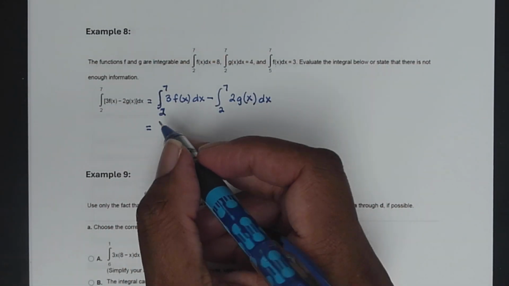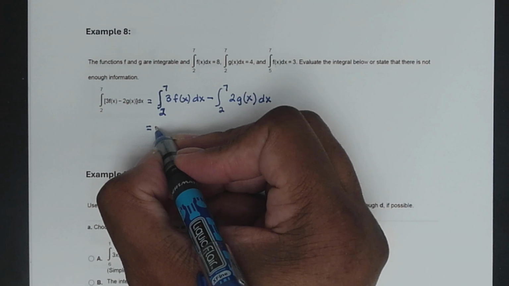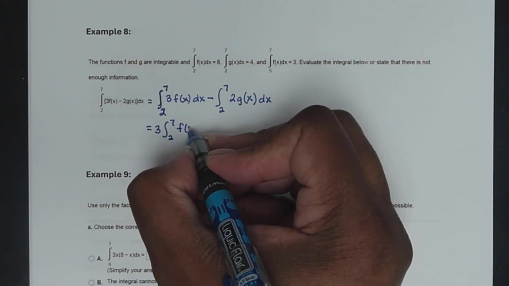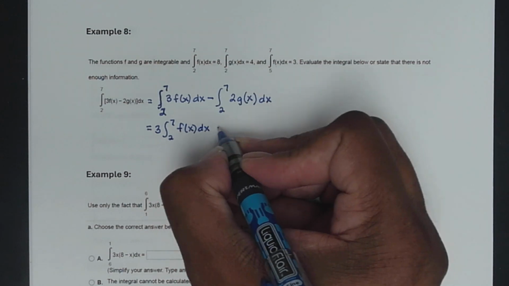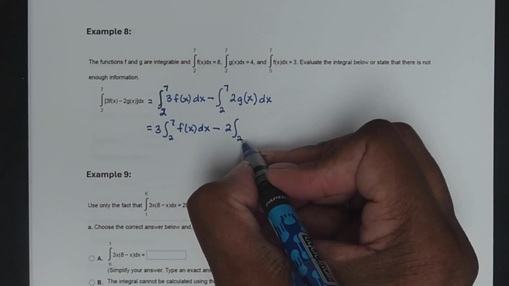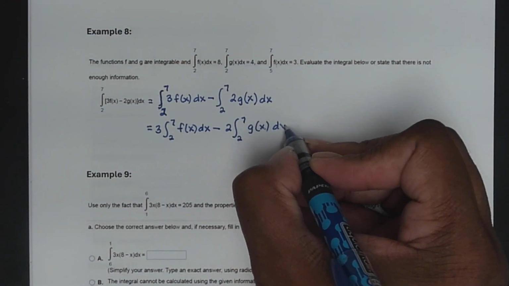And then next, use the constant multiple rule on each of these. I can pull the 3 out in front, so it'll be 3 times the integral from 2 to 7 of f of x dx minus, pull the 2 out in front here, 2 times the integral from 2 to 7 of g of x dx.